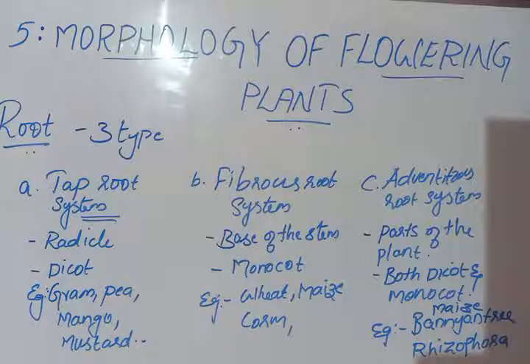Both monocots as well as dicots show it. Example: banyan tree, rhizophora, maize. So these are the three types of root system: taproot system, fibrous root system, and finally adventitious root system.